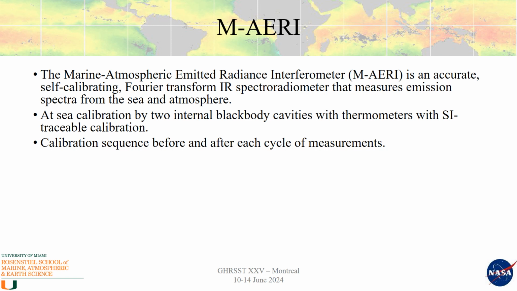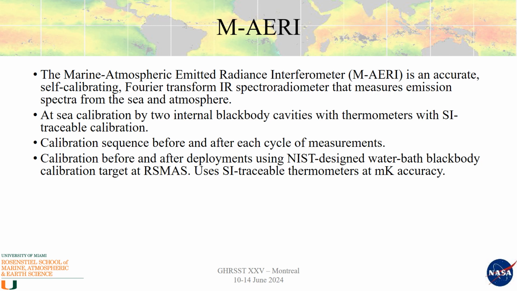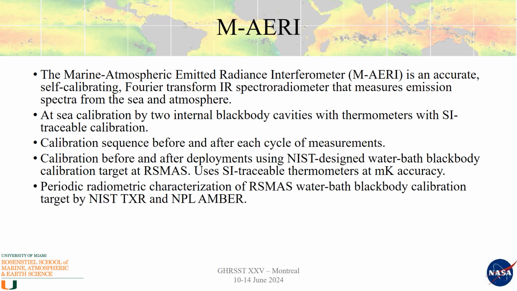So they're calibrated every few minutes. And before and after deployment, the calibration is tested against SI traceable laboratory black bodies, which are periodically confirmed by tests with NIST and NPL.